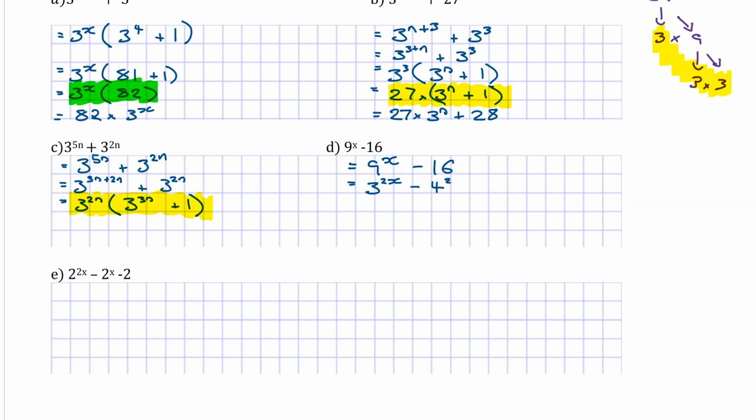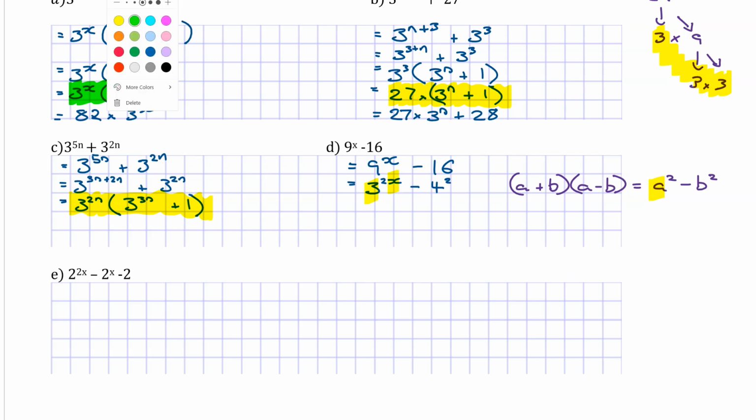And then remember, we can use this rule called the difference of two squares. So a plus b, a minus b, is the same as writing a squared minus b squared. In this case, our a is going to be this guy there, and our b is going to be this guy here.